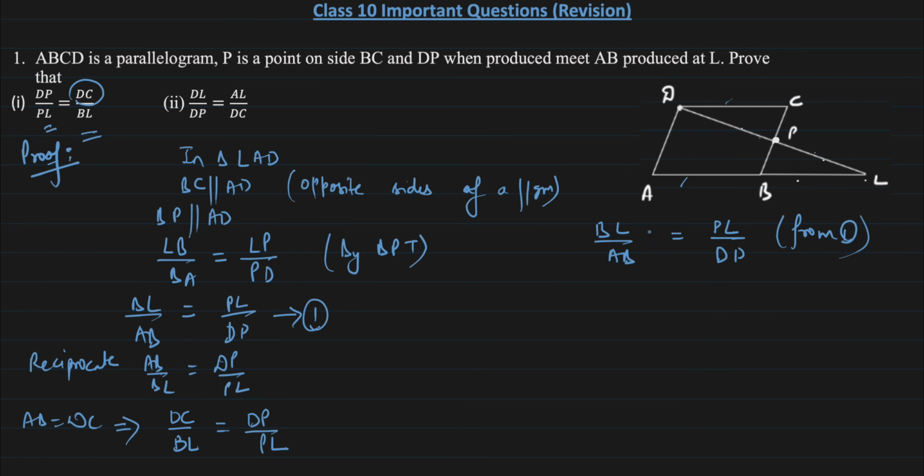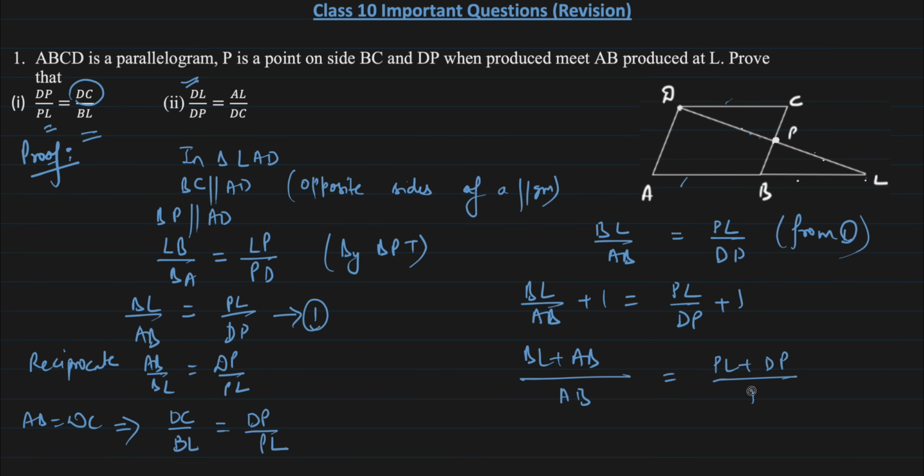Now if I add 1 to both sides, BL by AB plus 1 and PL by DP plus 1, because you know, over here it is DL, the whole thing, and one of the parts DP is there, right? So we just add AB into that. So BL plus AB upon AB equals PL plus DP upon DP.